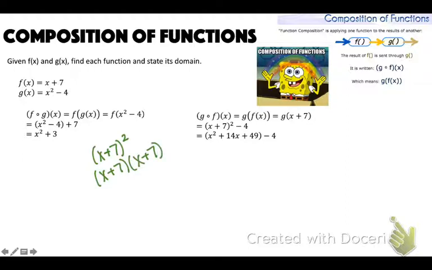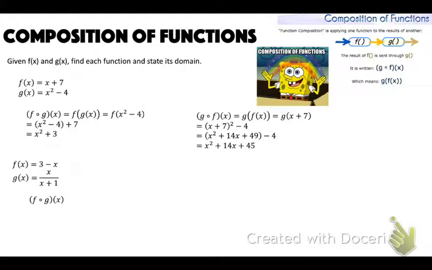So you can either use distribution or the box. So x plus 7, so this is x squared, 7x, and 49, which is where we get this from. And then 49 minus 4 is 45. So there's our final answer.